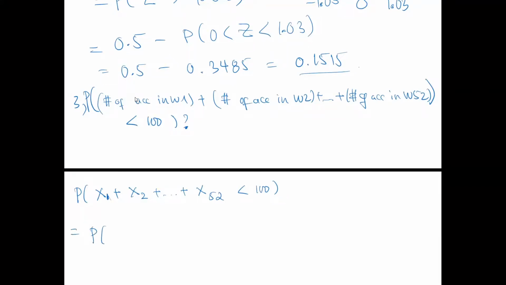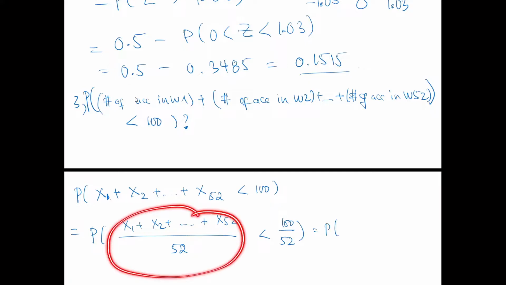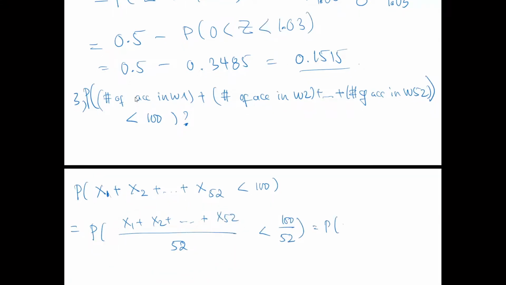So here, if you take the sum and divide it by the number of observations, I divide by 52 on both sides. This one will become X bar, right?